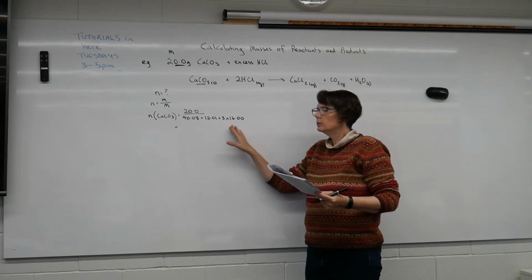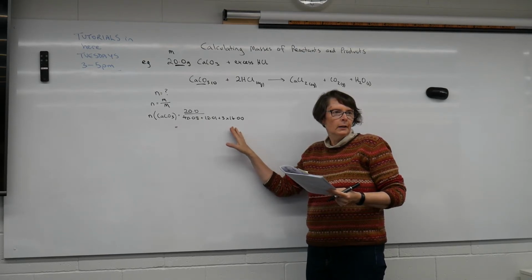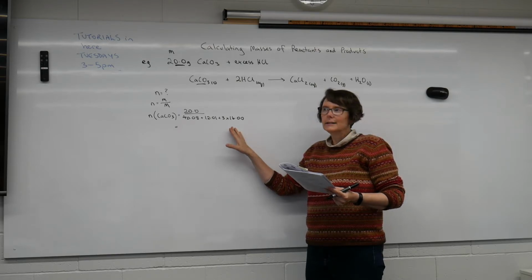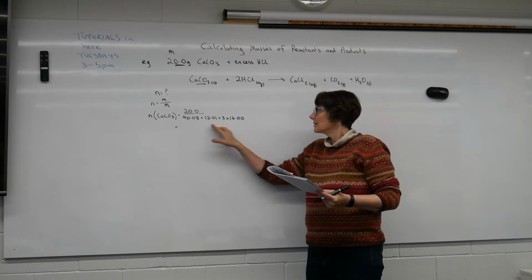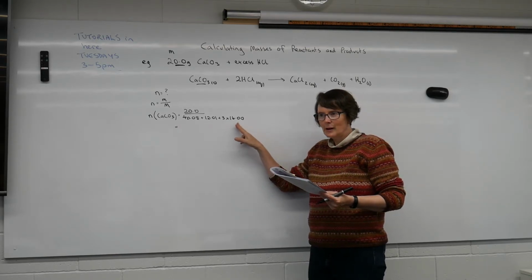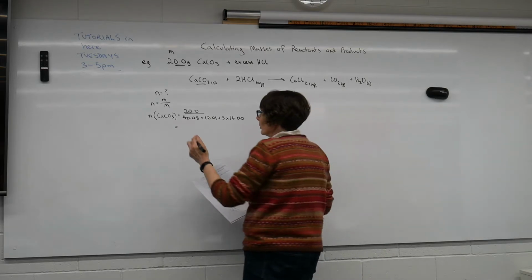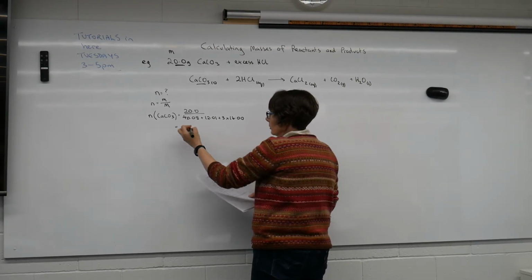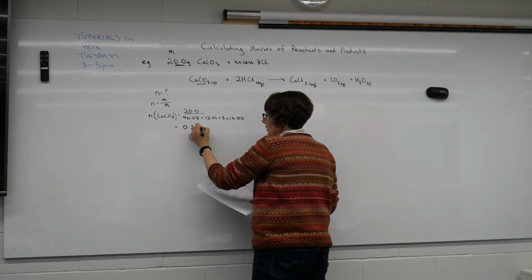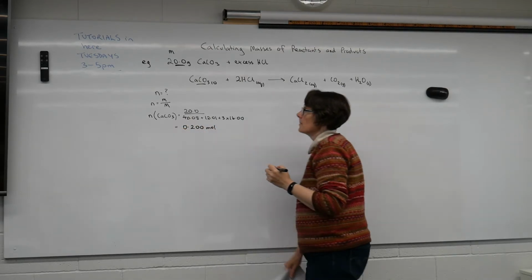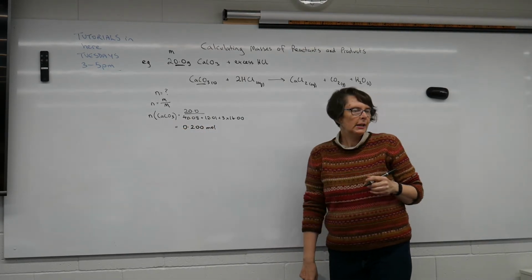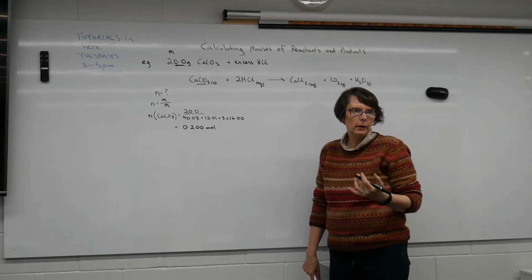But if you want to do it this way, that's fine. I just don't want you plucking numbers out of thin air. So showing where they've come from is important. So we'll find this is 0.200 mole. So that's how much we have.